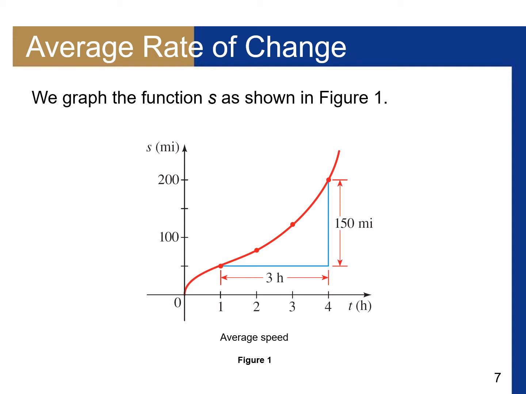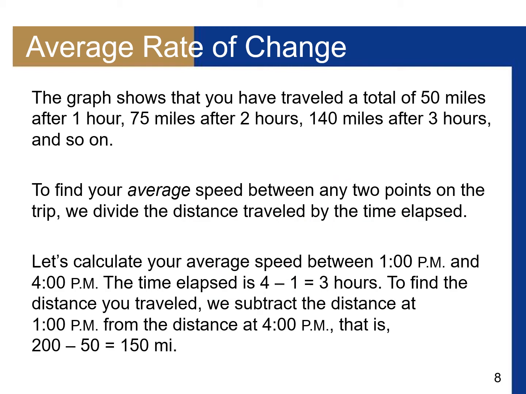Here we have the average speed over 3 hours, and we have our miles and we have our hours. The graph shows that you traveled a total of 50 miles over 1 hour, 75 miles after 2, 140 miles after 3, and so on.